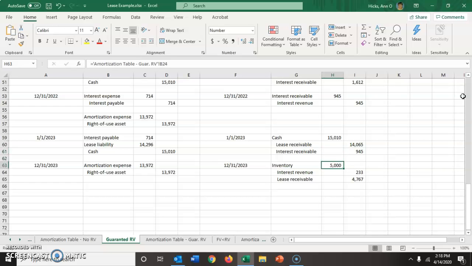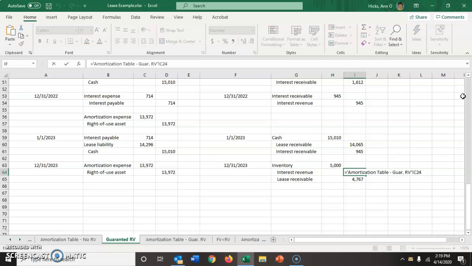Then 12/31, the end of the lease term, we will take that piece of equipment back from Vaden. But now, in contrast to the previous scenario wherein there was no value associated with it, there is value associated with it, so we will need to record that. So we will debit inventory for its value of $5,000.